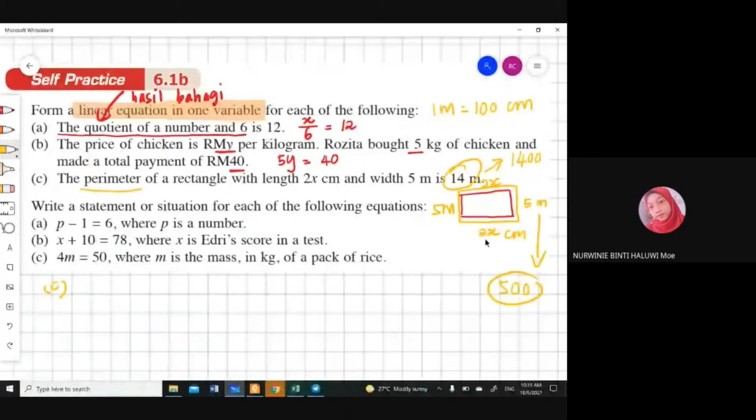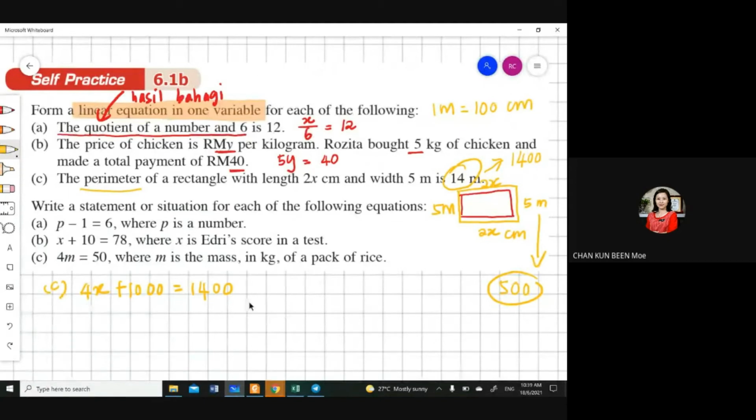And then 500 plus 500, how much? 1,000. So 4x plus 1,000 equal to the total. How much is the total? 1,400. We form up the linear equation in one variable already. You see, one variable, the power is 1, and then we have equality. So it's done.